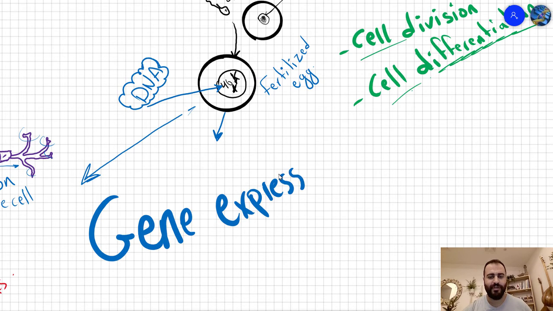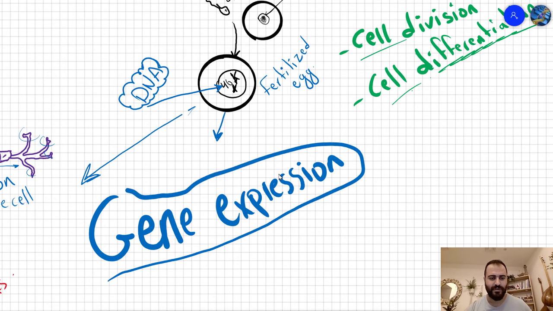We will have a lesson about gene expression later on, so I'm not going to explain it further. I'm just introducing this term because it's important to understand that gene expression is behind differentiation, behind creating diverse types of cells by allowing genes to turn on and turn off.